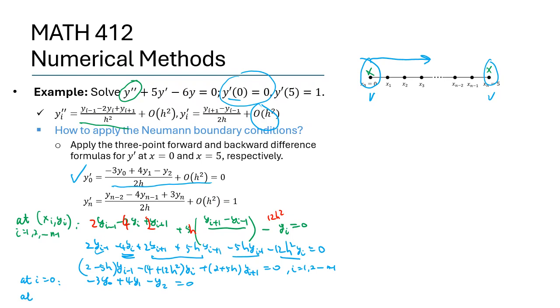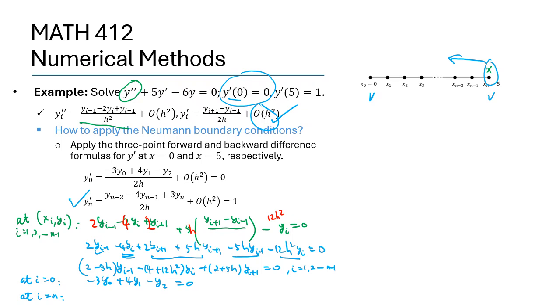At i is n, the right endpoint, this time we can only use a backward formula, with the same truncation error. Here we go, we can have this.